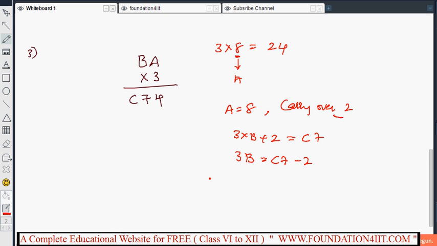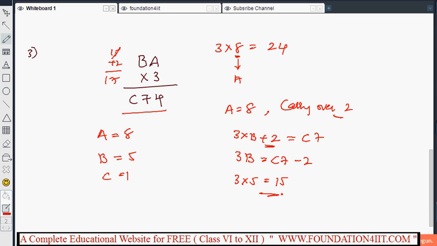Then if you check, 3 5s are 15, because we need to add 2 as the extra carry. So that means a is equal to 8 and b is equal to 5, because 3 5s are 15 and the extra plus 2 carry, that is 17. So c is equal to 1. This is the way we can do even multiplication.